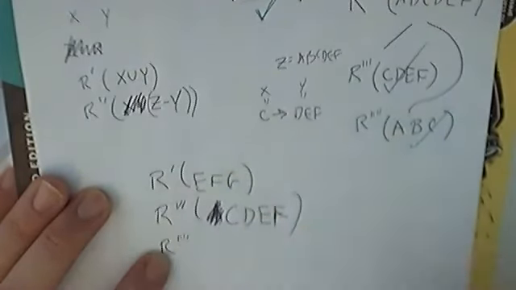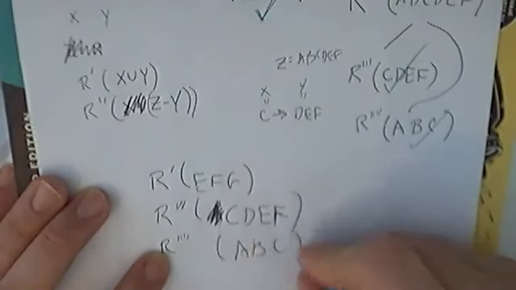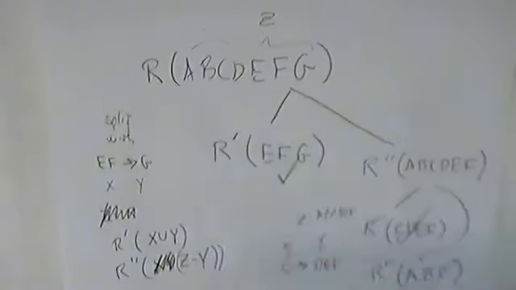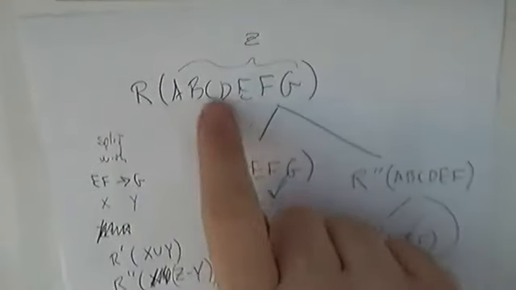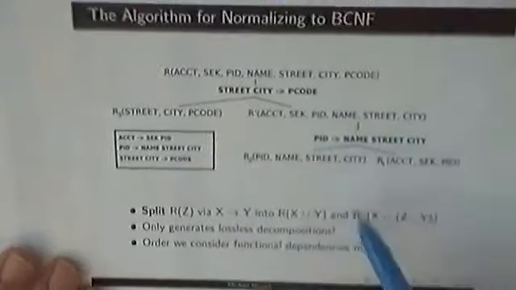R 1, 2, 3, 4 prime, which is going to wind up being A, B, C. And these R's correspond to R1, R2, and R3 of the decomposition we were showing earlier. So when you do the substitution back for these A, B, and C to the real names, we have basically replicated this decomposition here, right?